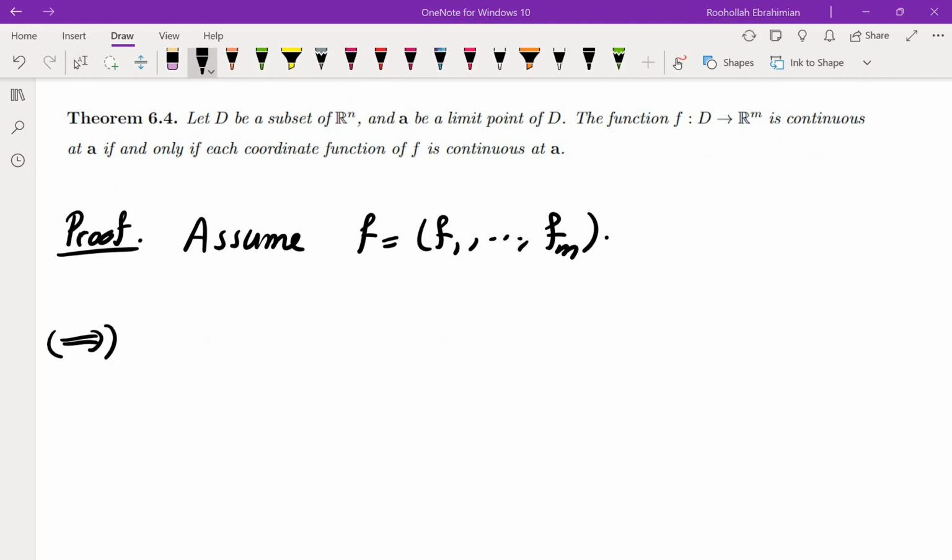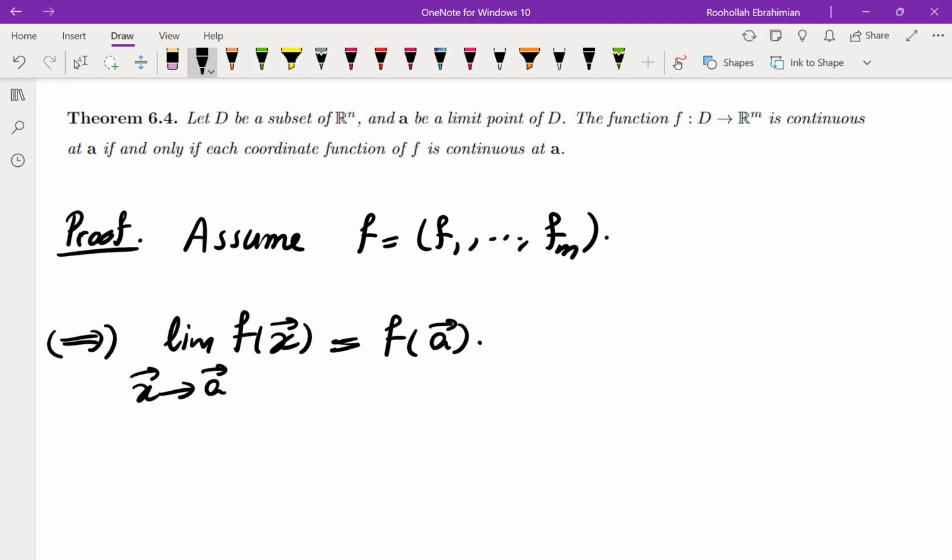So let's go this way. Since we know that f is continuous at a, the limit of f of x as x approaches a is equal to f of a. Now, we know what f of a is. f of a is (f1 of a all the way to fm of a).